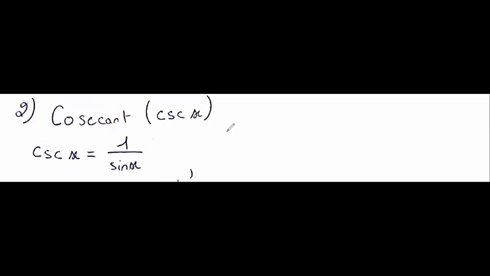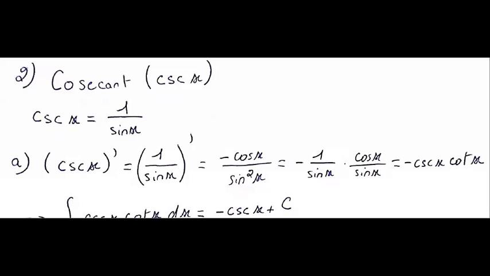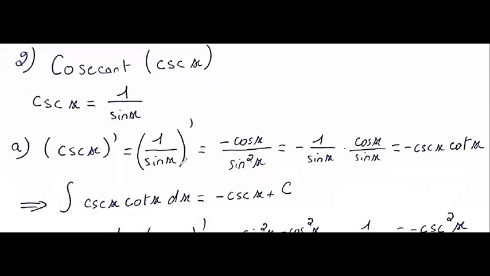Now let's check also all the things that we have seen for secant. So let's start with the derivative. I'm going to go a bit quicker here. The derivative of cosecant is the derivative of 1 over sine.